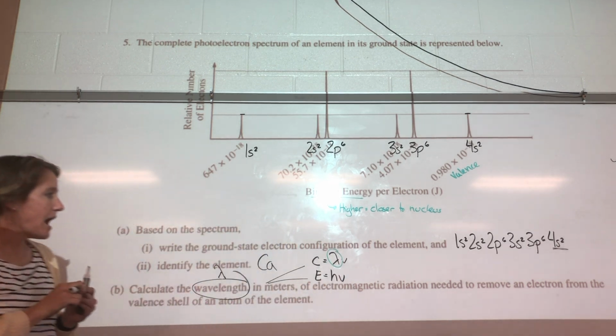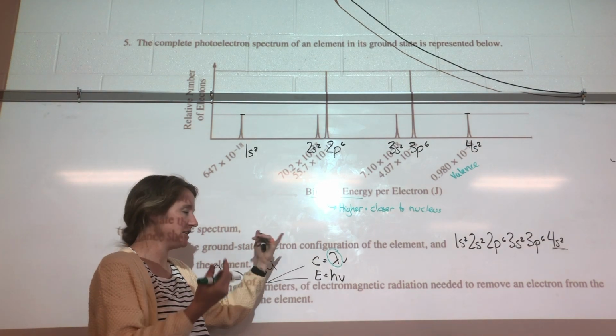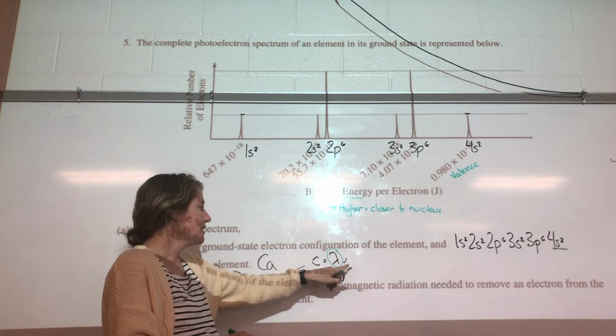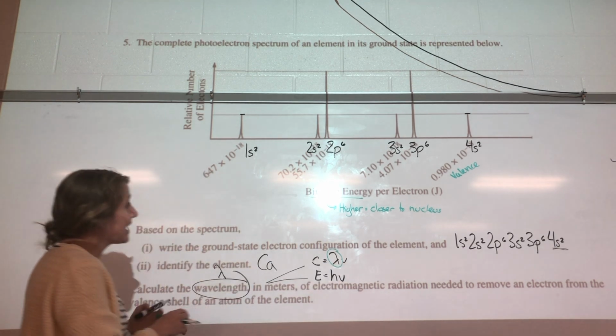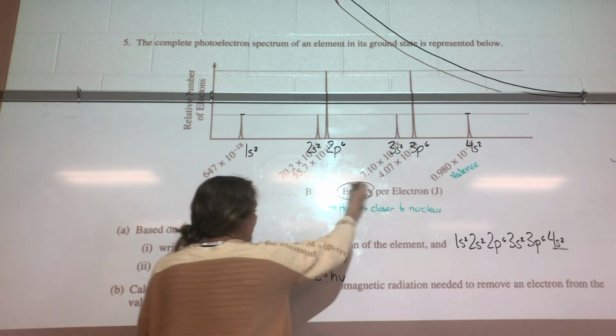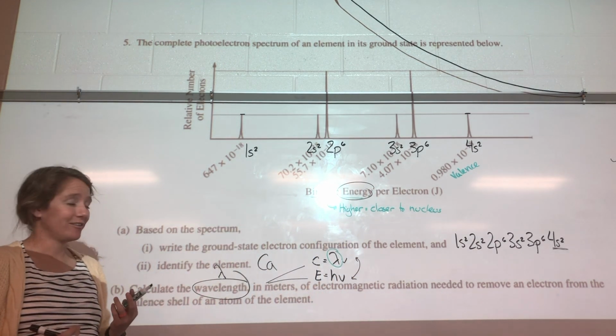Okay, so c is the speed of light, that's a constant. I do have that one, it's on the formula sheet, 3 times 10 to the 8th. I don't have frequency. The only thing I have is energy. So we have to kind of connect these 2 equations together, okay?